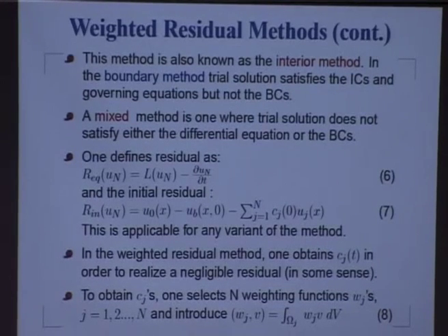So our equation is basically the residue of the equation as obtained with respect to the trial solution that we have chosen. Now we can plug the same expression into our initial condition, and you would be surprised that that also may not be satisfied even with the interior method.